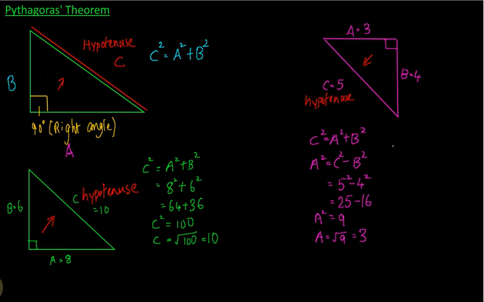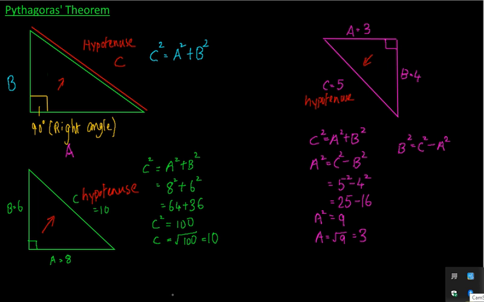Now similarly I can find B too. If B is the missing side, B can be written as B square equals C square minus A square. Now there is an easy way to keep this in your mind. If we want to find the hypotenuse, which is the bigger side, what we have to do is add the squares of the other two sides.